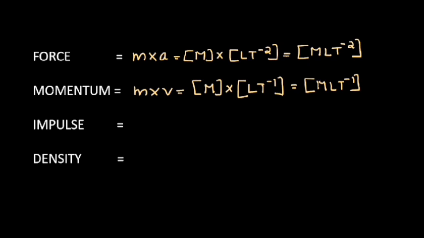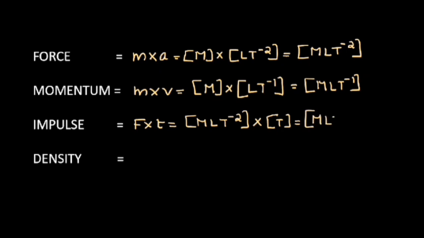The next one is impulse. The equation of impulse is force into time. We already found out the dimension of force. It is M L T raised to minus 2 into, the dimension of time, it is T. So on combining this, we get M L T raised to minus 2, and here it is T raised to 1.